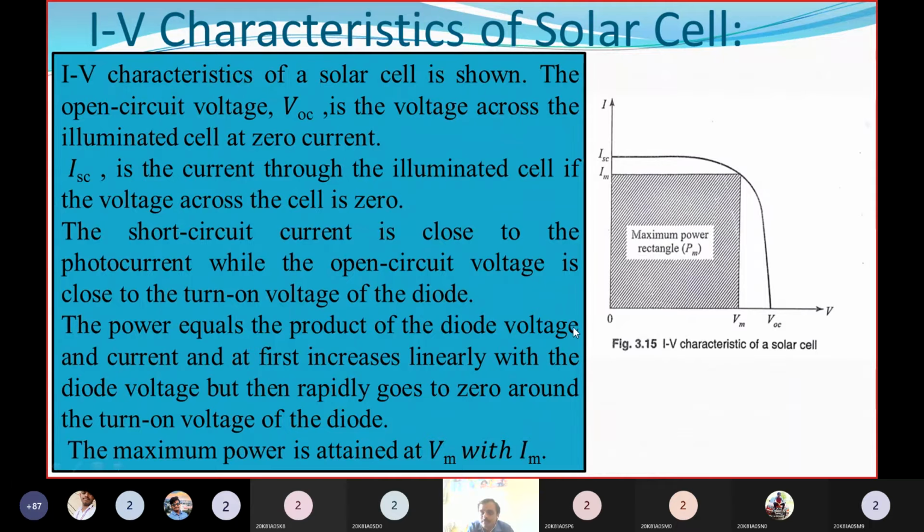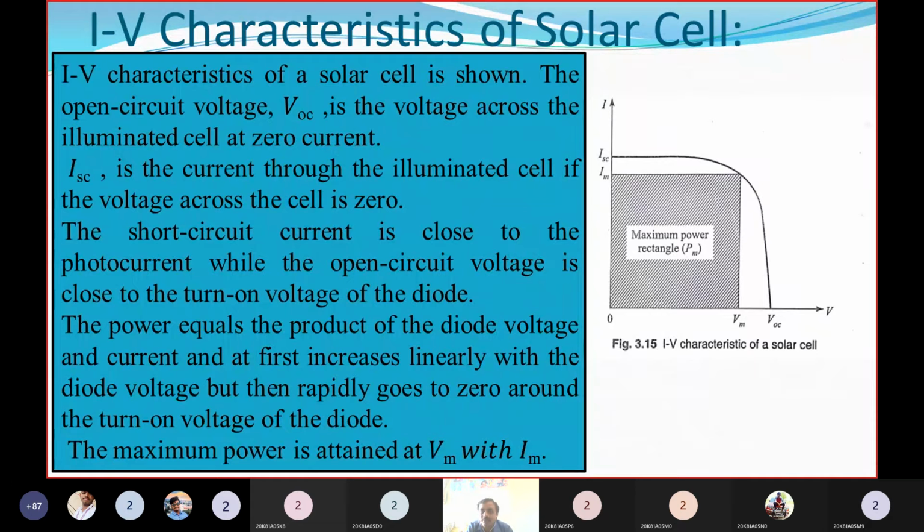If you change the voltage, the current automatically changes. At a particular voltage and current value, the power will become maximum. That is the operating point of the solar cell.